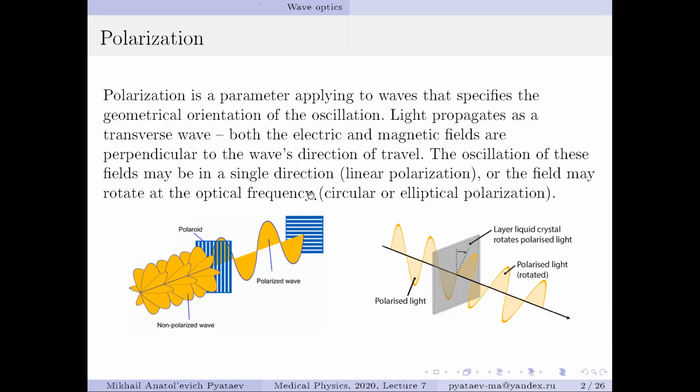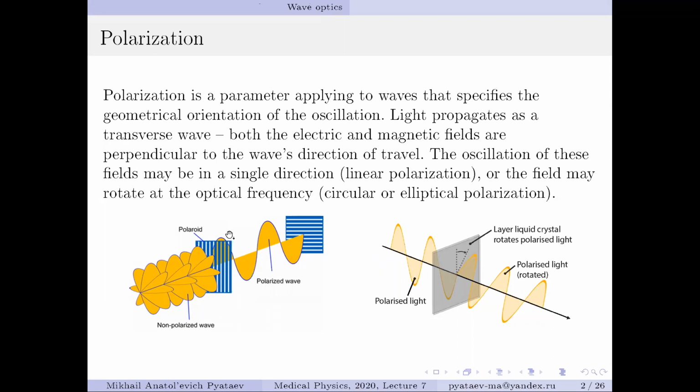So the direction of oscillation of the electric field vector is perpendicular to the direction of light propagation, and it means we can obtain polarization. We can make this electric vector oscillate inside one plane only.